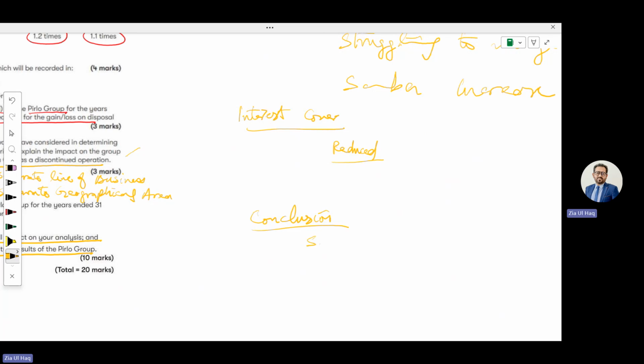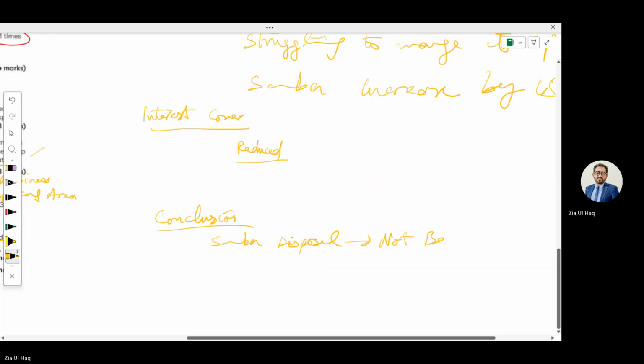So Samba disposal is not beneficial for the group because it was generating good profit.